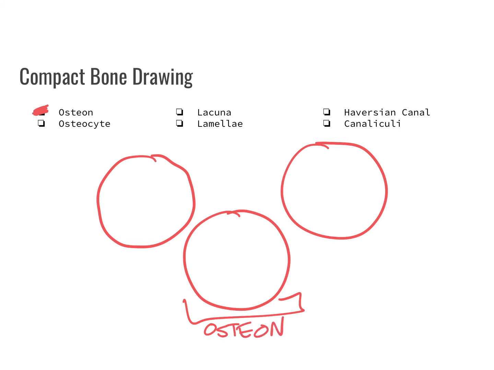Okay, next I'm going to pick a color for my Haversian canal, and that is the big canal that is running in the center of each of the osteons. So go ahead and draw that in. Okay, next pick a color for the lamellae. The lamellae are going to be those rings that are the concentric rings in each osteon.